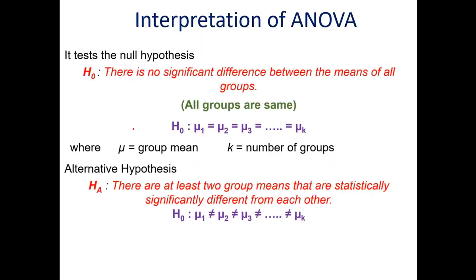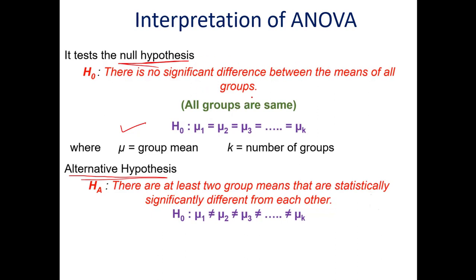So what is the interpretation of ANOVA? Here also, like the Z test and T test, before solving the question, we assume the hypotheses: a null hypothesis and an alternate hypothesis. In the null hypothesis, we assume that the means of all the groups are the same, meaning there is no significant difference between the means of all the groups.